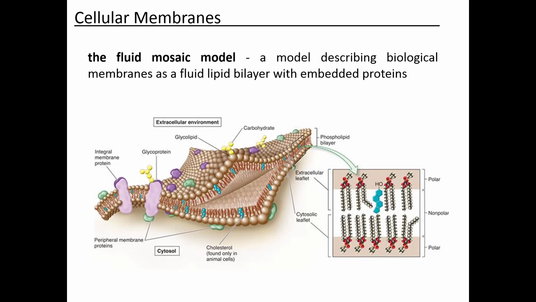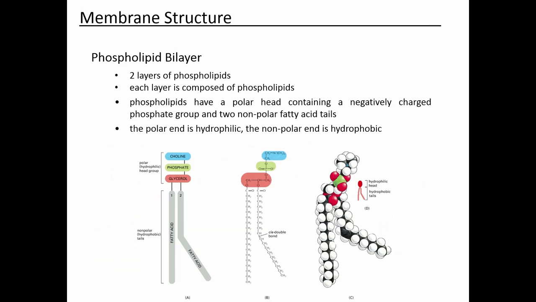The mosaic part refers to the fact that you have both phospholipid molecules that make up the lipid bilayer with proteins embedded in it. So it's a mosaic of lipids and proteins embedded within the lipid. That's the model that describes the structure of cellular membranes.